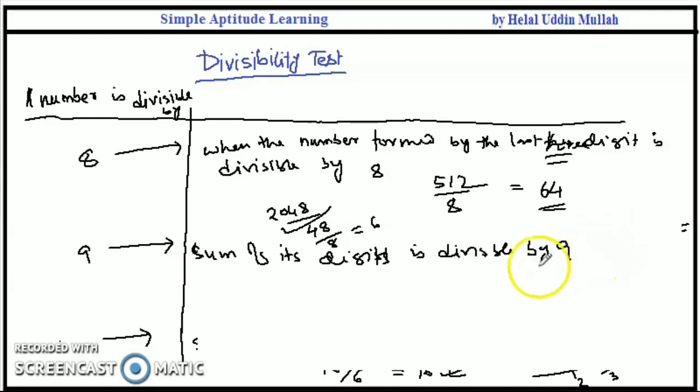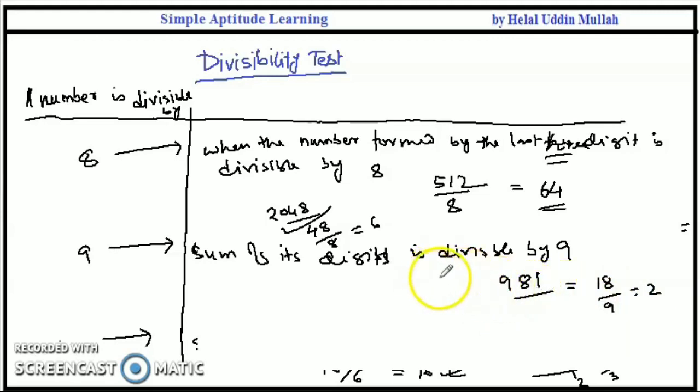For example, if we consider 981, if we add its digits, it is equal to 18, and if we divide it by 9, we get 2, so it is divisible by 9.